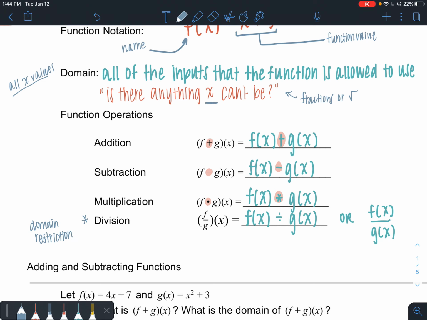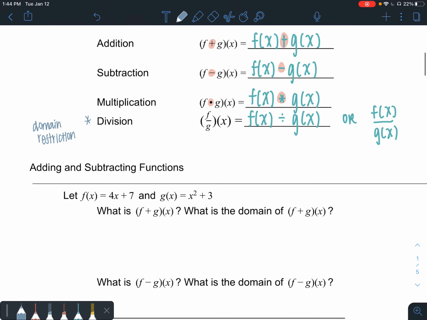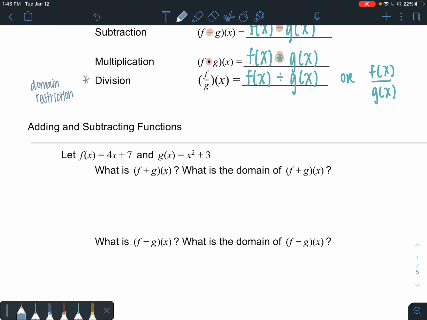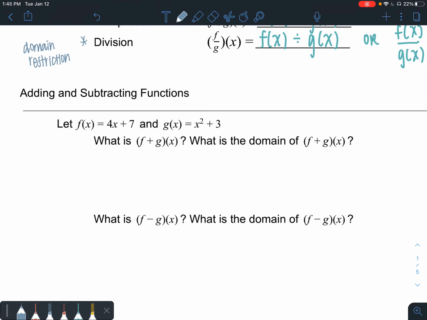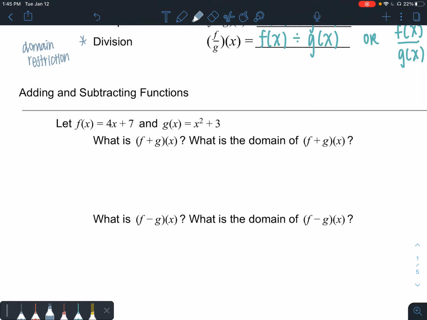Okay, so let's jump right into it. We're adding and subtracting functions, so we're actually going to find both. First it asks, what is f plus g of x? That's the same thing as f of x plus g of x.